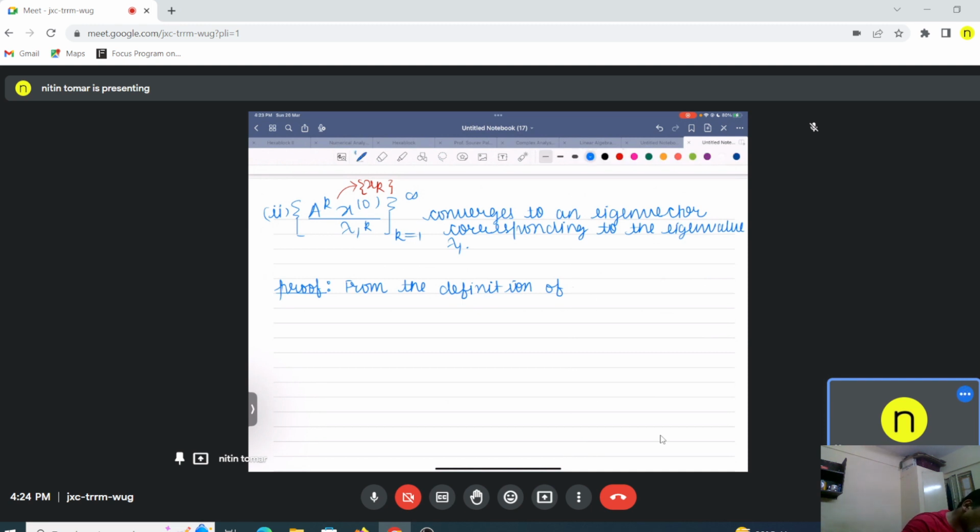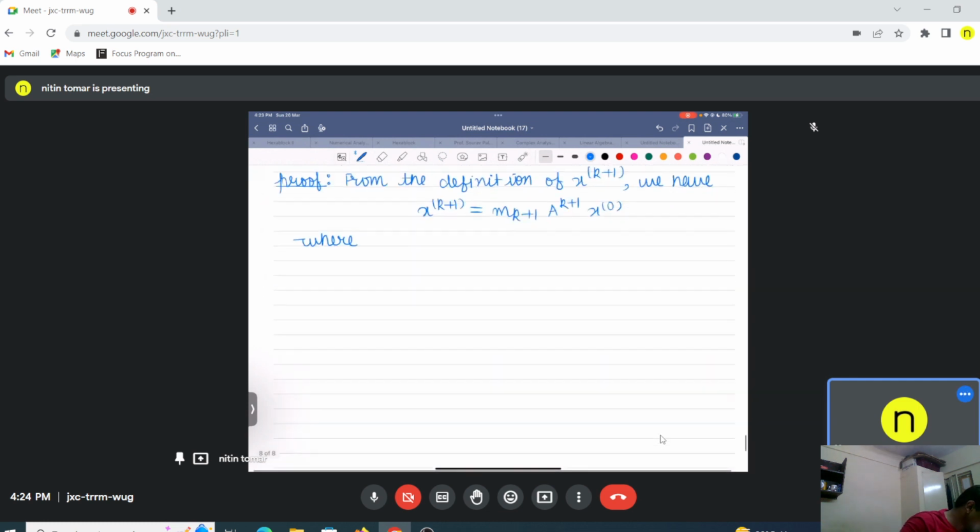From the definition of xk plus 1, we must have this x superscript k plus 1 equal to mk plus 1 A power k plus 1 x naught, where this mk plus 1 is actually mu 1, mu 2, ..., mu k plus 1 inverse.